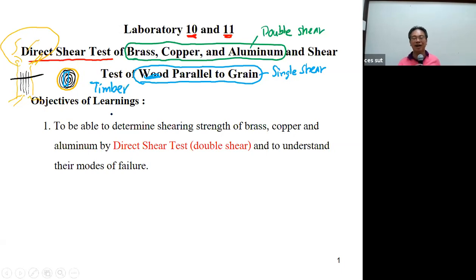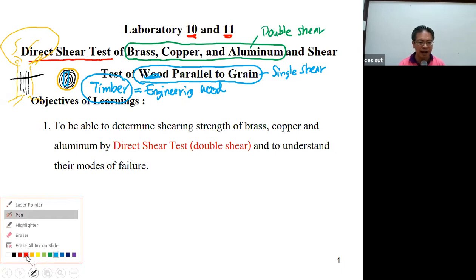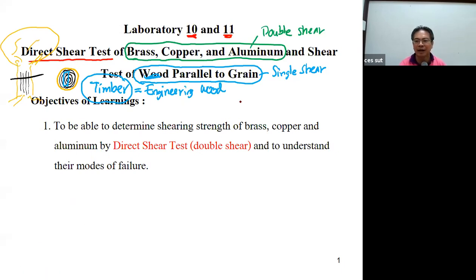So we have the course called steel and timber design. We didn't call it steel and wood design because timber is the engineering wood. Maybe we just say timber is equal to engineering wood. What is called engineering wood is when we cut the wood and sell it in a form like this.